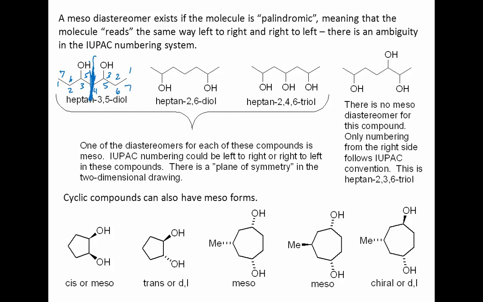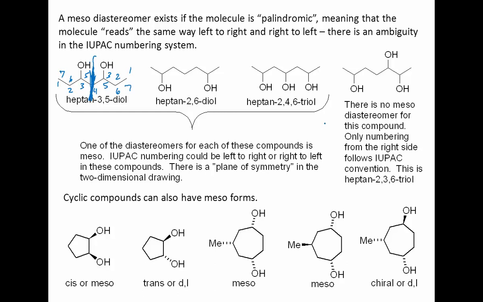Here we have 3 chiral centers, and actually 2 of the diastereomers of this compound are meso compounds. All right, the molecule on the far right, however, there is no possibility for this to be a meso.